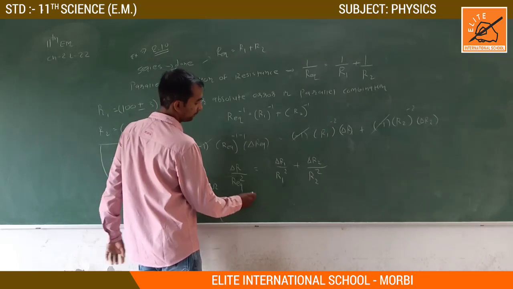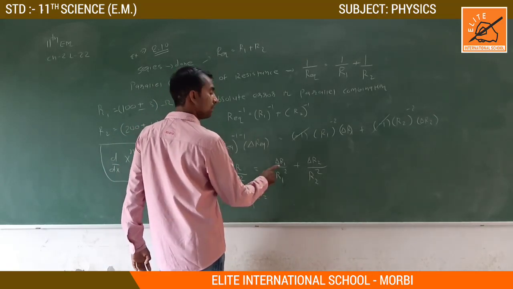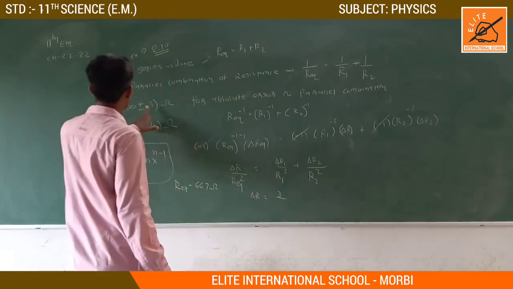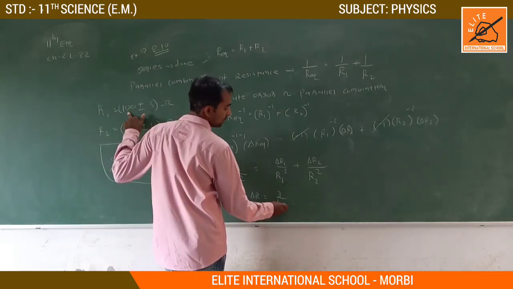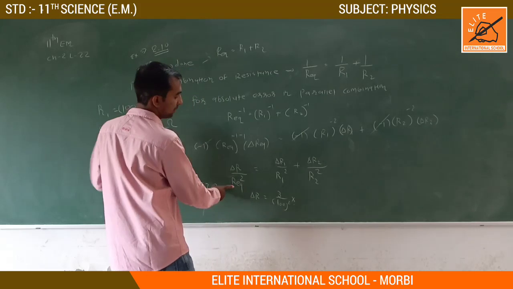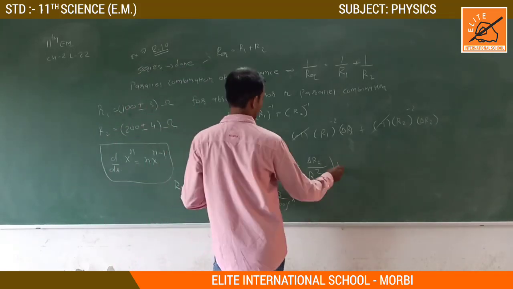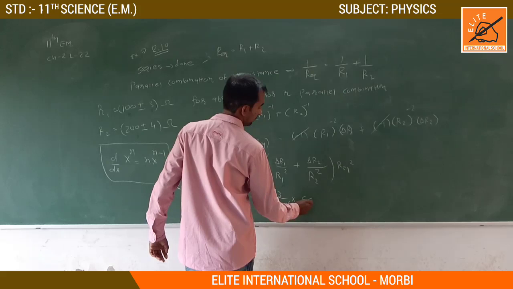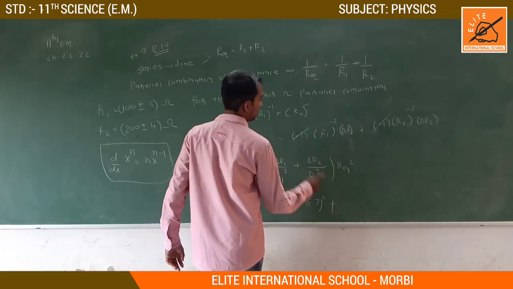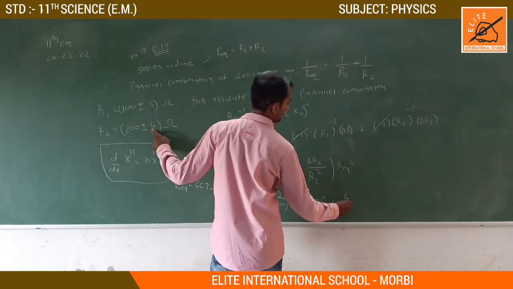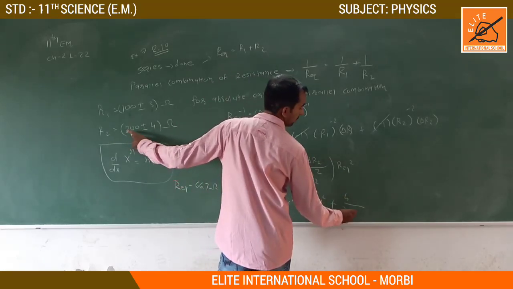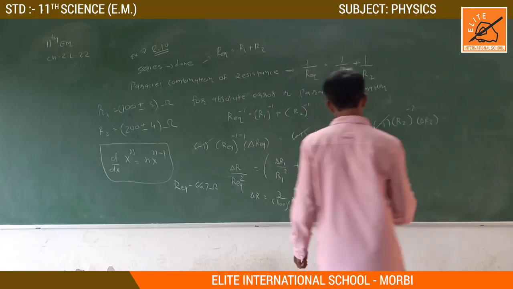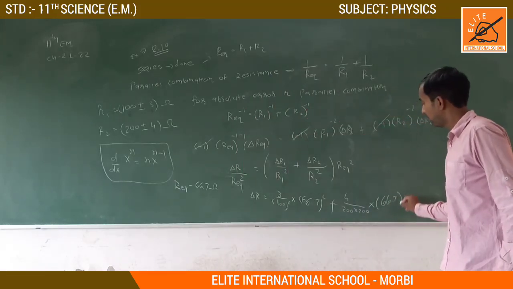So what you can see, delta R equals delta R1, which is 3, divided by R1 square, that is 100 square, into multiplied by R equivalent square, 66.7, plus delta R2, 4, divided by 200 into 200, into this R equivalent square, again 66.7 whole square.